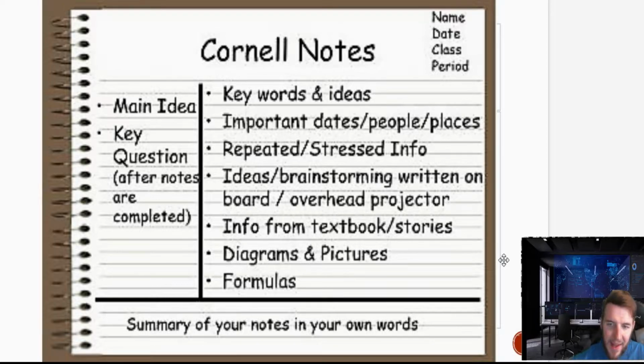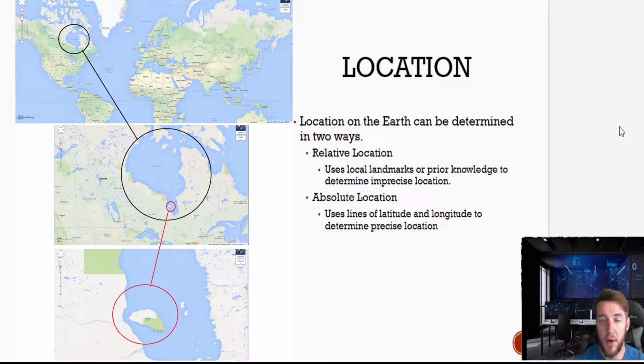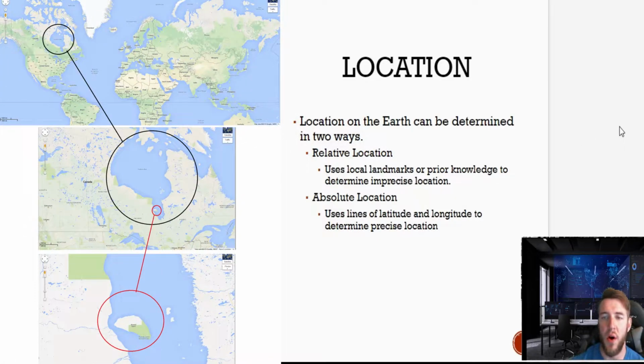Relative location, meaning uses local landmarks or prior knowledge to determine imprecise location. So it's not exact. All right, just kind of like in the vicinity, in the area. That's relative. It's relatively close, right? The other one is absolute. When something's absolute, it is perfect. You can't argue with it.